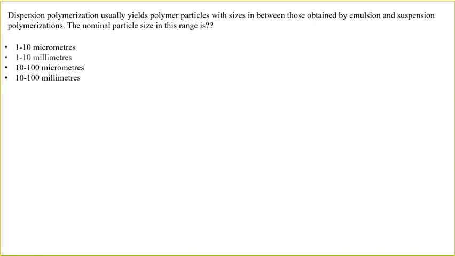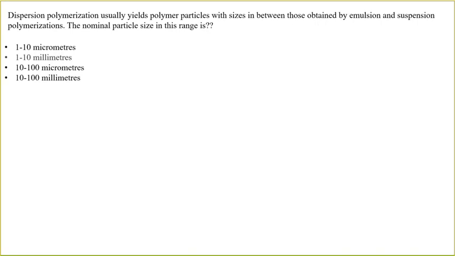So somewhere in the middle will be 1 to 10 millimeters. That is the particle size produced in dispersion polymerization, in the middle of emulsion and suspension polymerization.